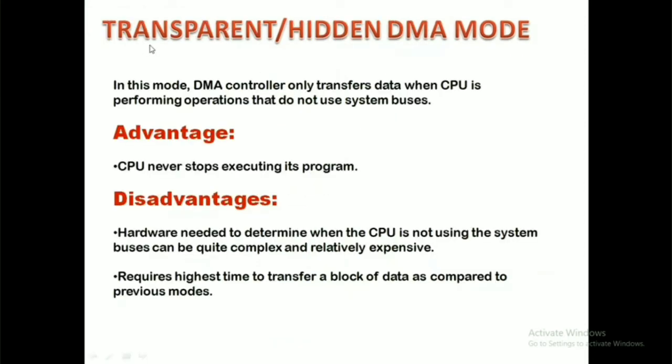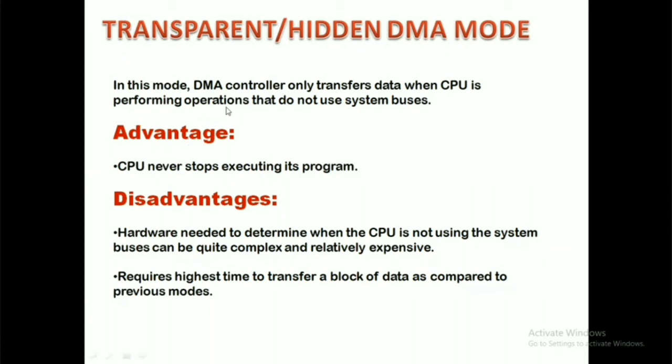Next is your transparent or hidden DMA mode. In this mode, the DMA controller only transfers data when the CPU is performing operations that do not use the system buses. So in this mode, logic must be designed that will determine those states wherein the CPU is not performing operations that use the system buses, so that the CPU's execution speed is not affected by the DMA transfer.